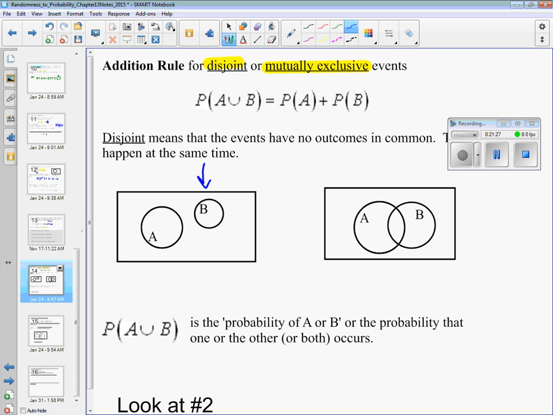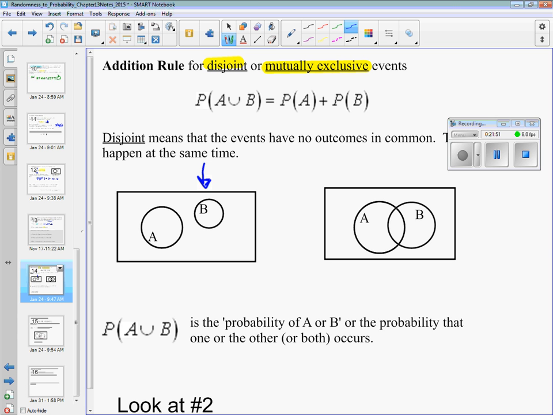Disjoint events means that they cannot happen at the same time. I can't physically be both in Germany and in Japan at the same time. It's got to be one or the other. And if you have disjoint events like you do in this example with the cars, then you just add them together. It's nothing more than that.